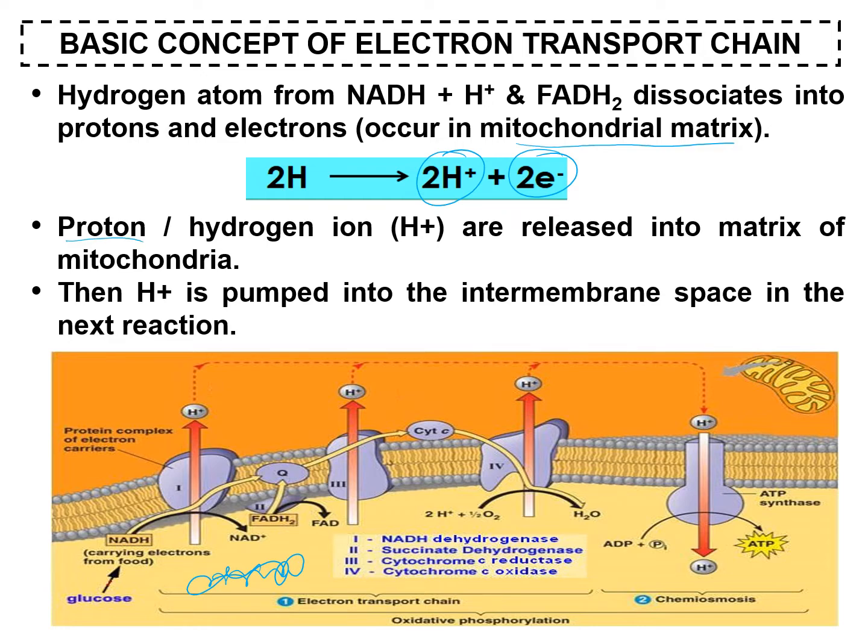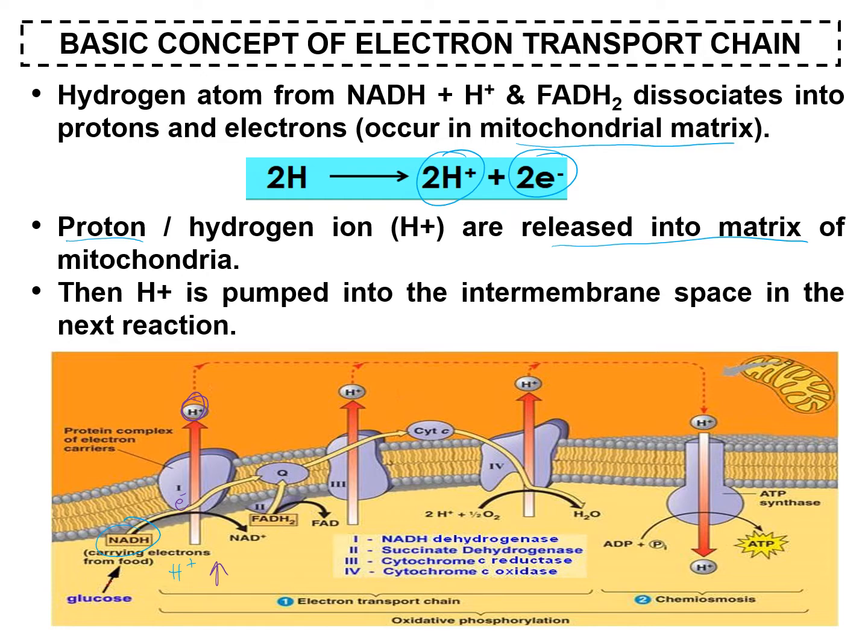The proton, which is the hydrogen ion, will be released into the matrix of the mitochondria. Here, from NADH, hydrogen plus will be released into the matrix, while the electron, which I will mark in purple, will be passed to the electron transport chain. That's why the name is electron transport chain, not hydrogen transport chain. Then the H plus, the proton, will be pumped into the intermembrane space here, because once it is released, it will increase the concentration of hydrogen ions.